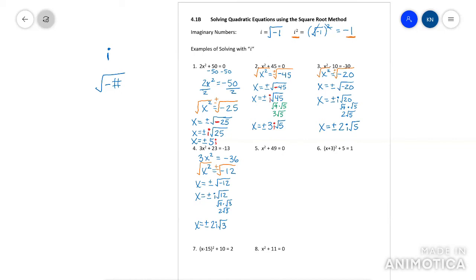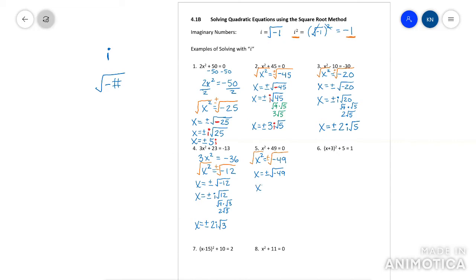This next one, subtract 49. Once x squared is by itself, you could root it. So you're at x equals plus minus root of negative 49.